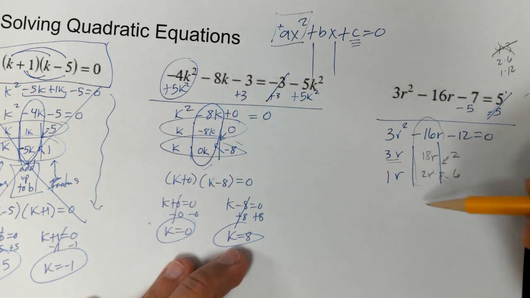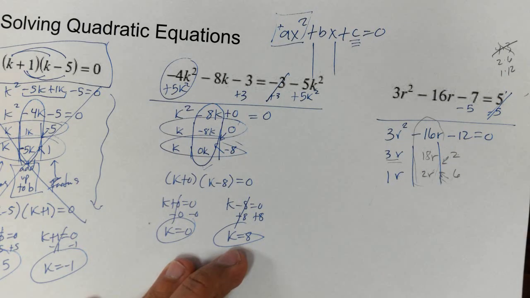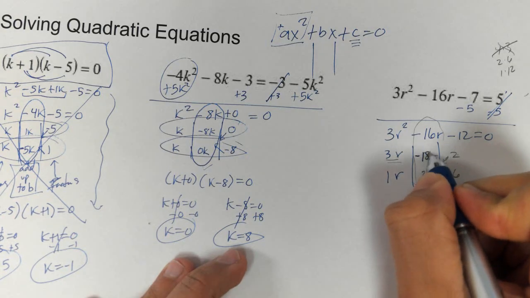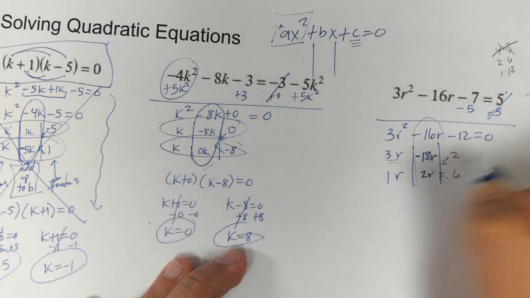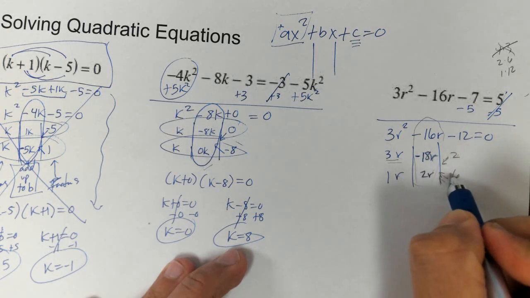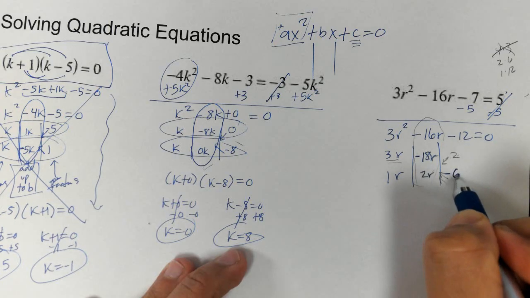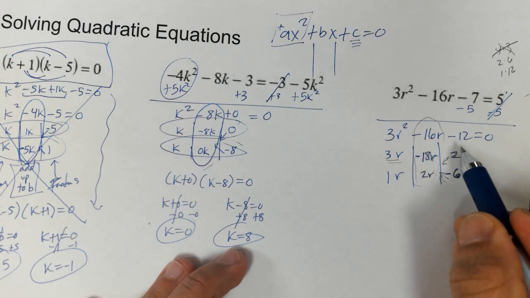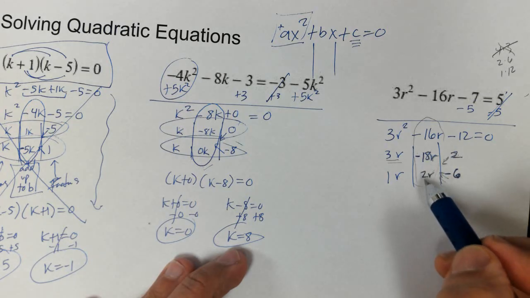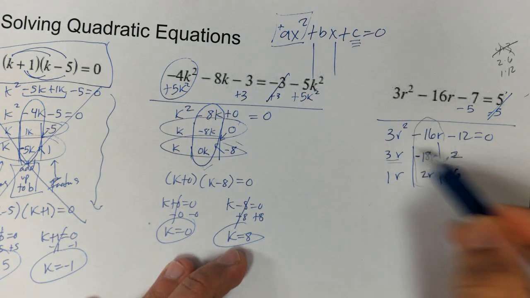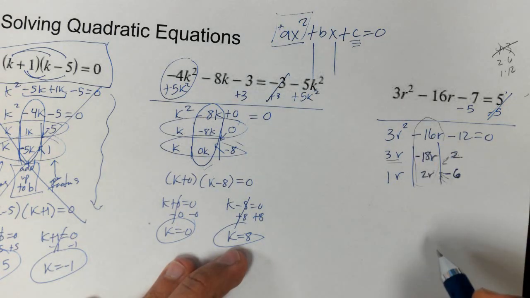How can I get a negative 16? Well, I can get a negative 16 if I do negative 18 plus 2r, right? Which means if this was negative, it must have come from this 6. And now 2 times negative 6 is definitely negative 12, and negative 18 plus 2 is negative 16. This helps me double check all the combinations are correct.